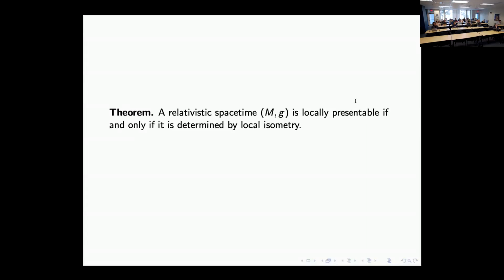Okay, so this is not super surprising given the recovery procedure that I was describing, but it's worth making explicit nonetheless. One can prove that a relativistic spacetime is locally presentable if and only if it is determined by local isometry. So in other words, the framework of locally G-structured spaces can be used to present all and only those relativistic spacetimes that are determined by local isometry.